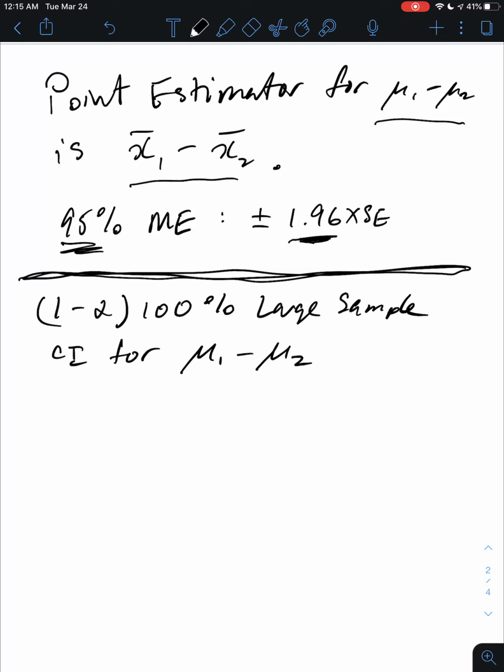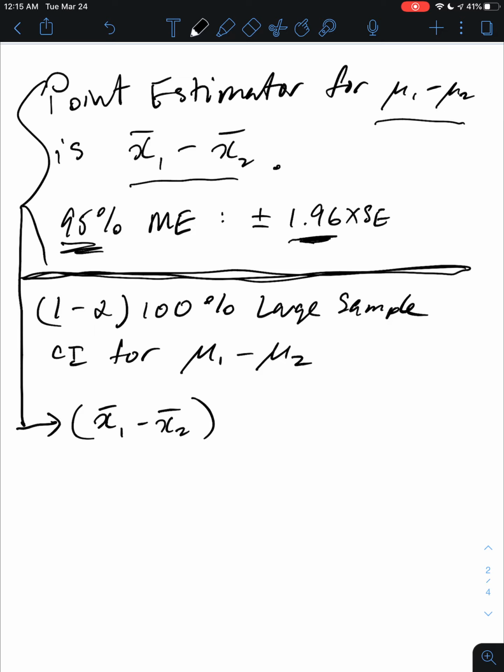It essentially is just combining all this stuff together: X1 bar minus X2 bar, that is the point estimator, plus or minus the margin of error.